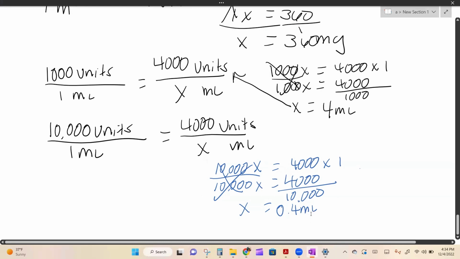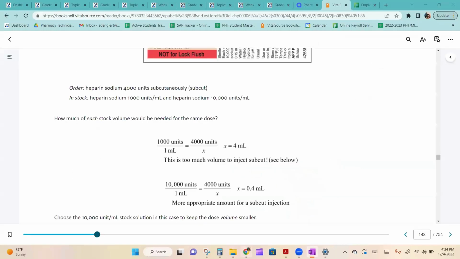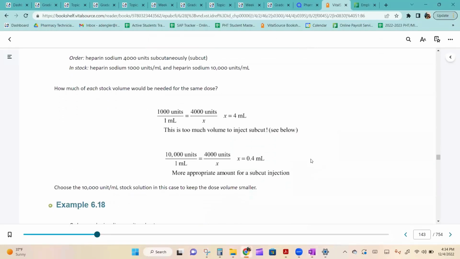And then for the 10,000, we would have to do 0.4 ml. And it says choose the 10,000 unit per ml stock solution in this case to keep the dose volume smaller. So we would use the 0.4 ml, which is more appropriate for a subcutaneous injection, which they like to be under 1 ml.